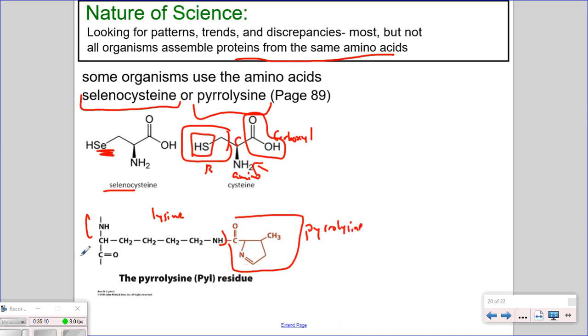So it has everything else that lysine would, but then it has this extra little group, which makes it different from lysine. And so these can get incorporated into proteins dependent on the cell or the organism, and may provide or help with the function of that particular protein. But they're not common amino acids and not commonly found.